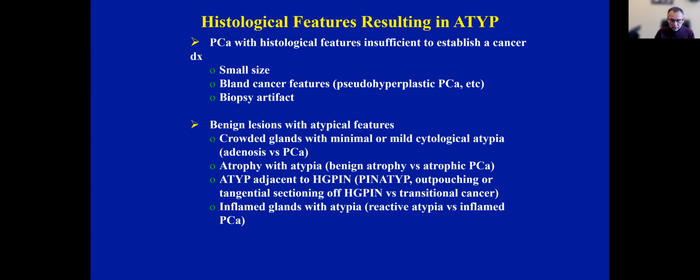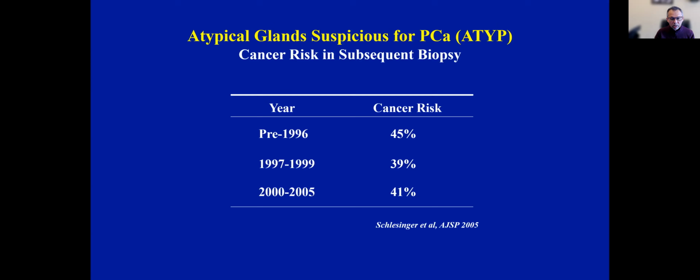You may be dealing with a benign lesion presenting with atypical features, such as crowded glands with some mild cytological atypia, atrophy with atypia, inflamed glands with atypia. So in all of these situations, sometimes you may have to call this atypical because you just do not have sufficient features to make a definite diagnosis of cancer. And sometimes you may be dealing with a confusing immunohistochemistry.